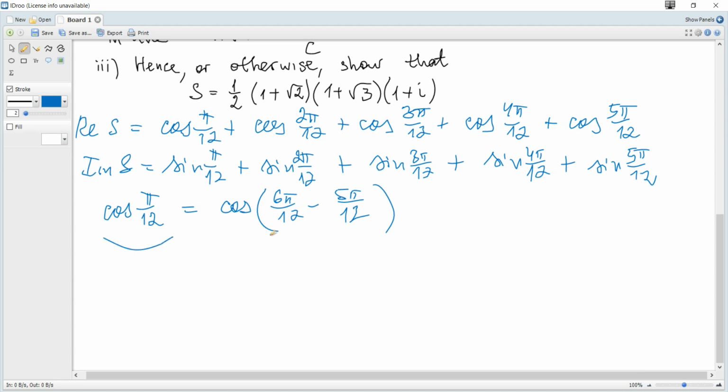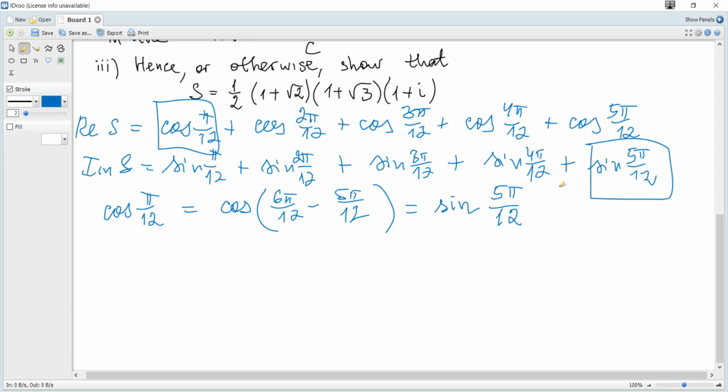Yes, it's just the same, but pi over 12 is represented as 6 pi over 12 minus 5 pi over 12, and it's sine of this. So cosine of 90 minus alpha is sine alpha. Yes, now it's correct. So this is equal to this.